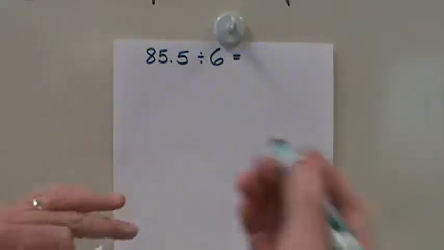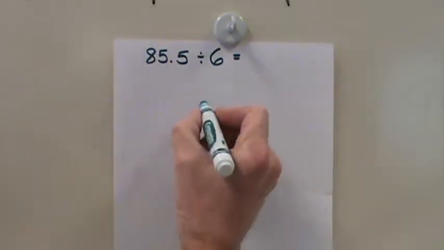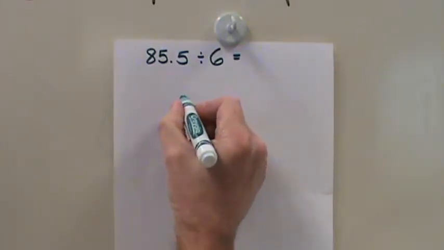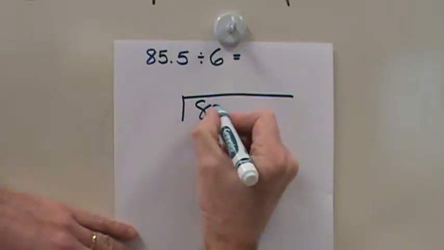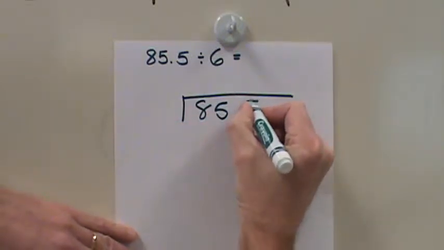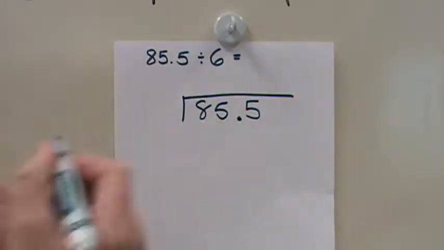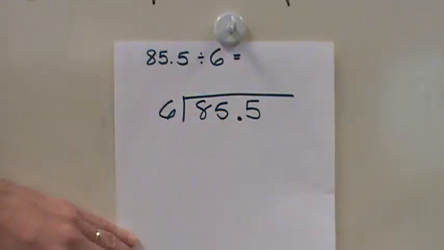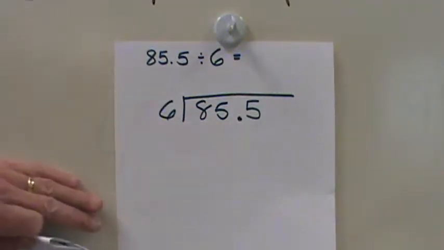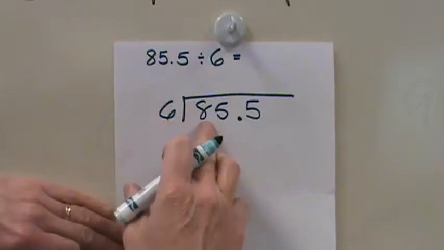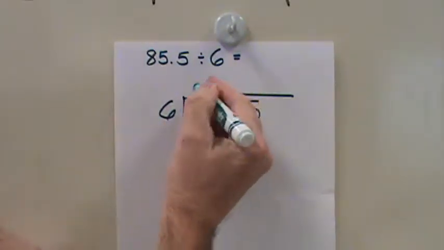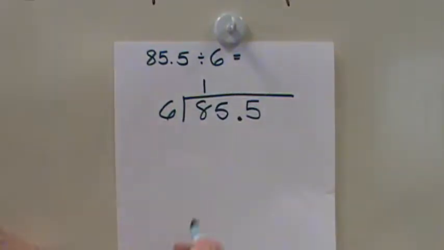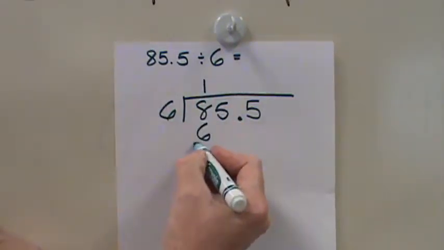Okay, here we go. Math from the real world. Let's start by setting up our problem. Our dividend is 85 and 5/10 divided by 6. We know that 6 can go into 8, so we're going to say 6 into 8 one time. 1 times 6 is 6.